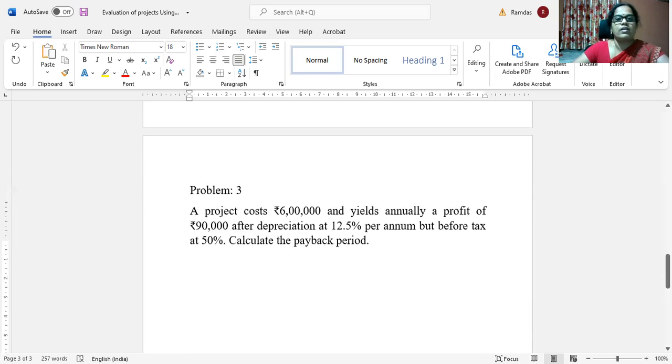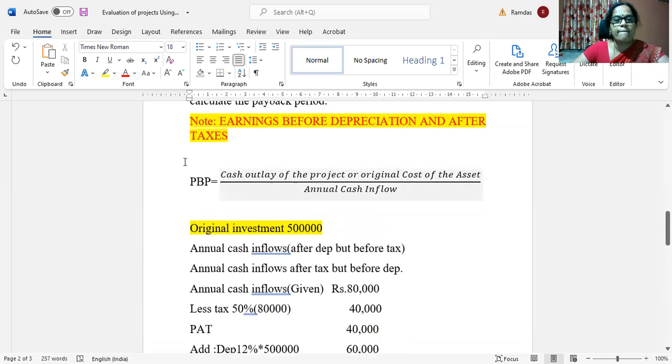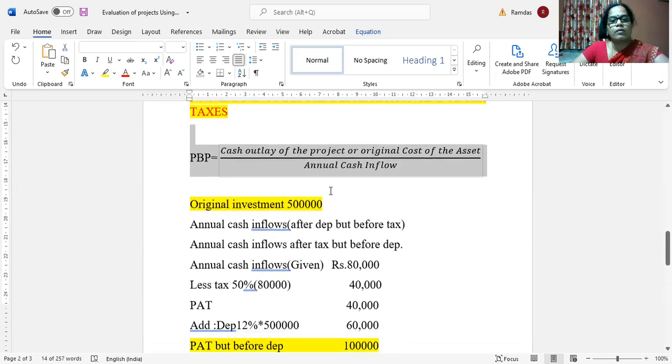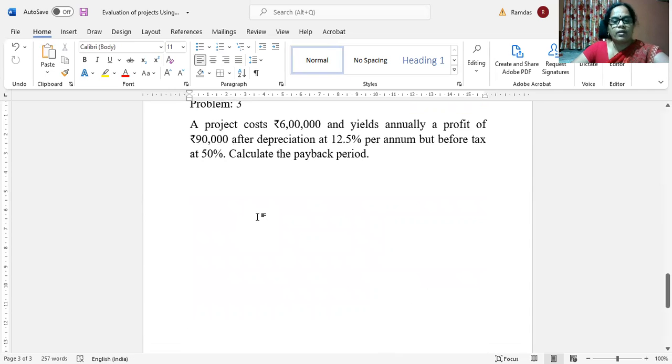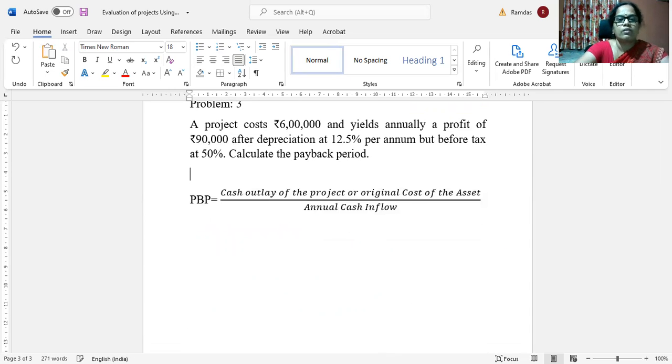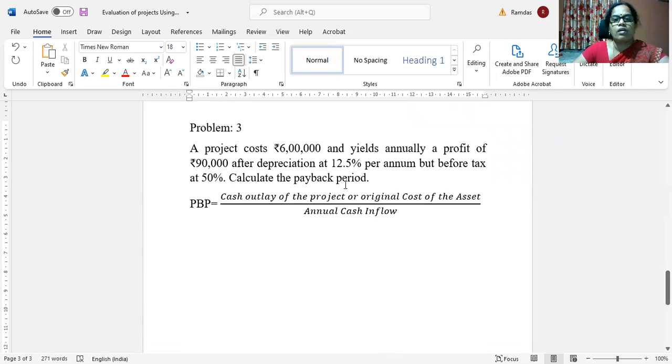So first, let us take the formula. So please listen carefully once again. When the cash inflows are constant, we are going to use the formula method to calculate the payback period. The formula to calculate payback period is cash outlay of the project or original cost of the asset divided by the annual cash inflow. So we require two things.